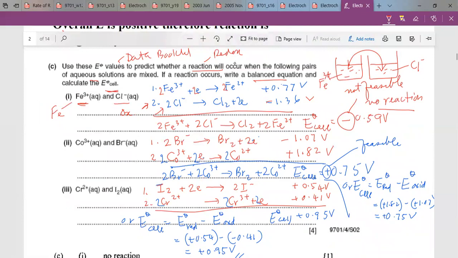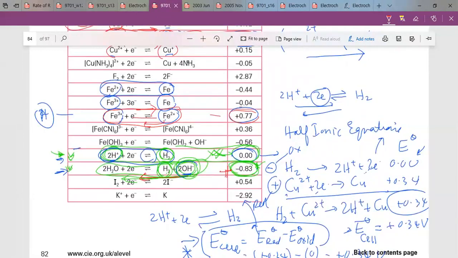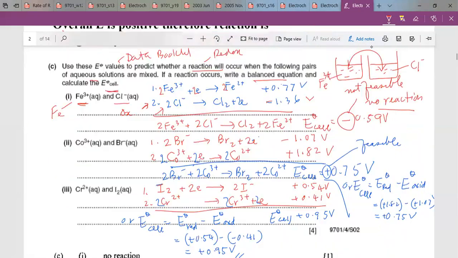Now this one, Fe3+ to 2+, is plus 0.77. To do the reaction, this is the simplest way: use the equation.